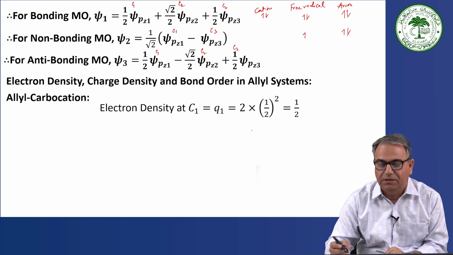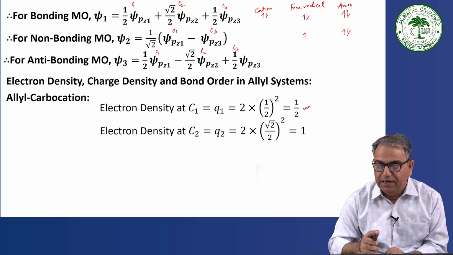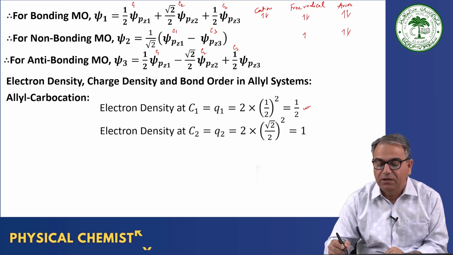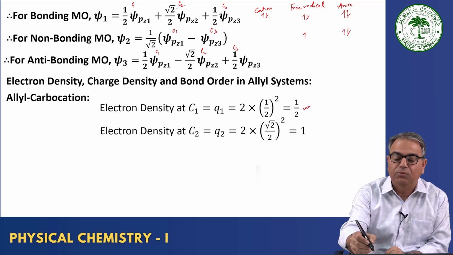For calculating the electron density, you take the number of electrons multiplied by the square of the coefficient of that carbon. For C1, 2 into (1 by 2) squared is 1 by 2. So 1 by 2 is the electron density present on carbon number 1. For the electron density at C2, again it is the number of electrons multiplied by the coefficient squared, because we have only 2 electrons and they are present in the bonding molecular orbital.